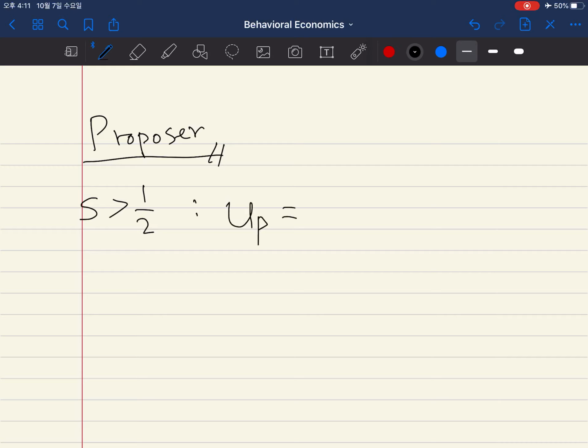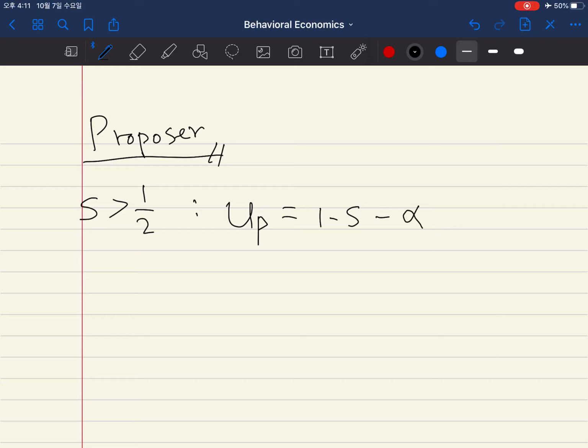In this case, the utility of the proposer is equal to, so S is bigger than half, so the proposer offers more than half of the endowment to the responder. So the proposer's consumption in this case is 1 minus S. And there is inequality here, so we're going to subtract from this utility. In particular, because the proposer offers more than half to the responder, the proposer has less than the responder, so the proposer is going to feel envy.